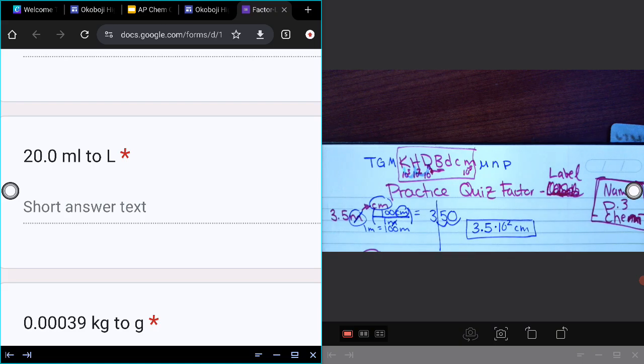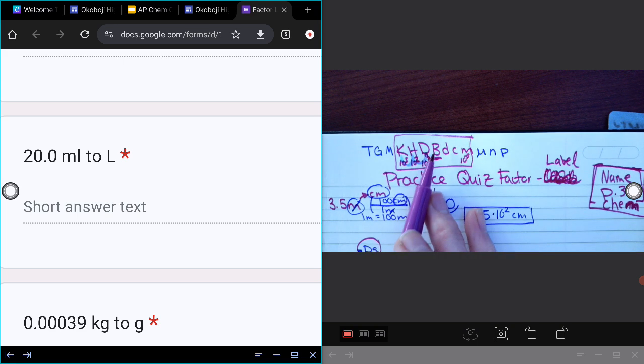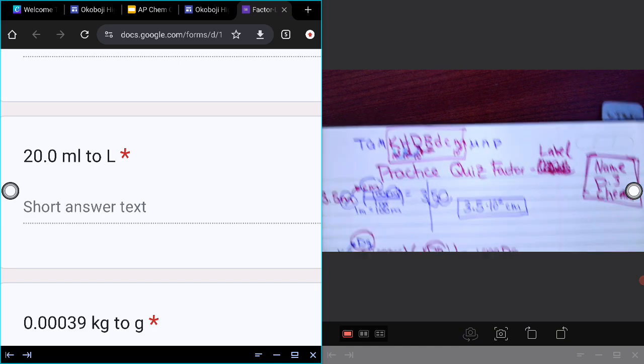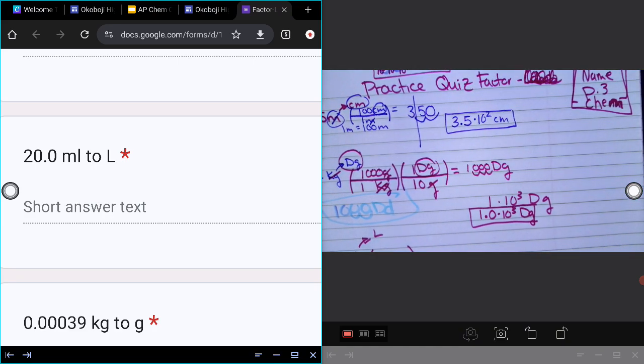How many tiny little millimeters are in a meter stick? It goes 10, 100, 1,000. There are 1,000 milliliters in a liter. Anything with a milli in front of it, you're going to have 1,000 of them for the base.